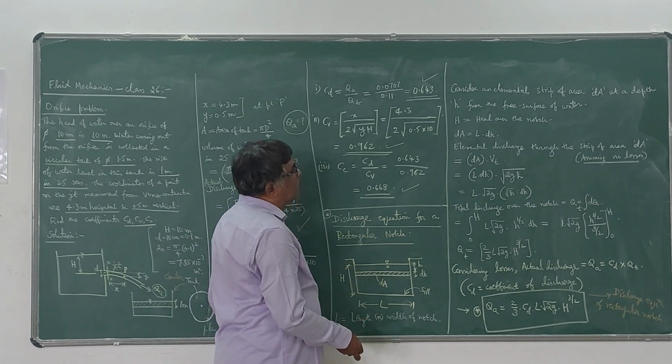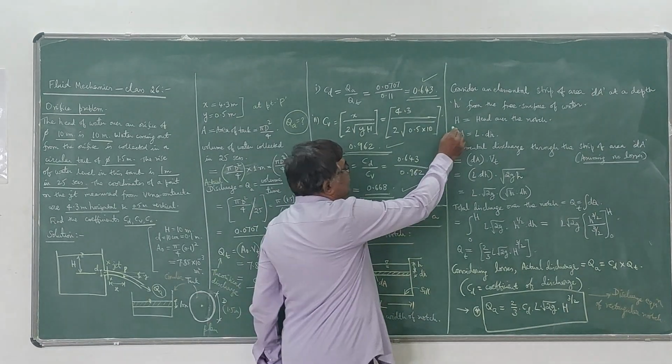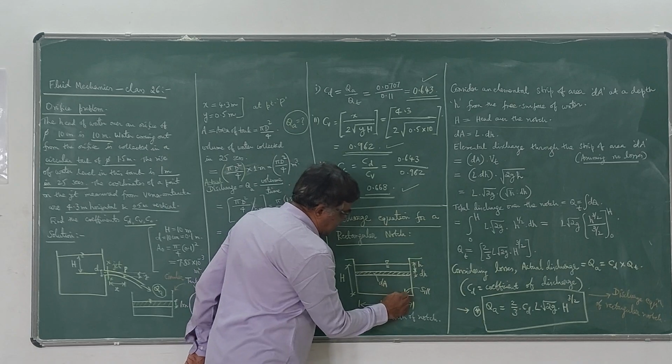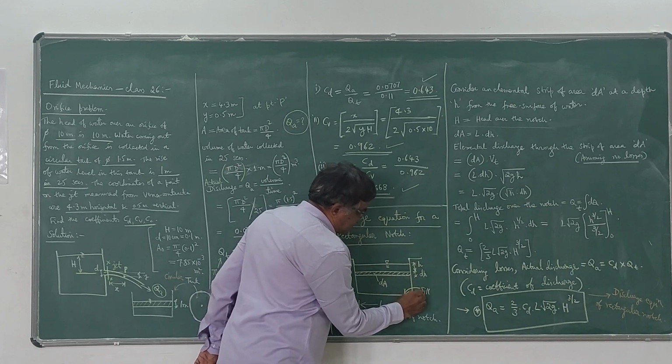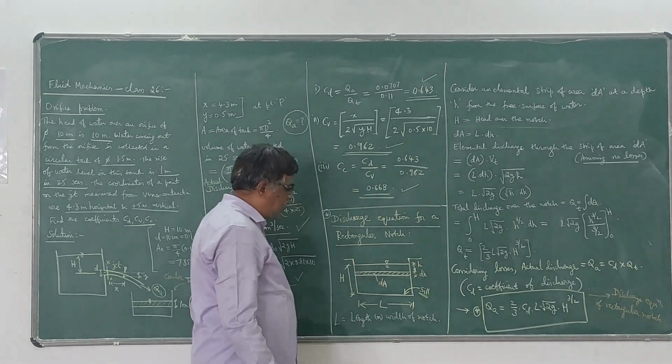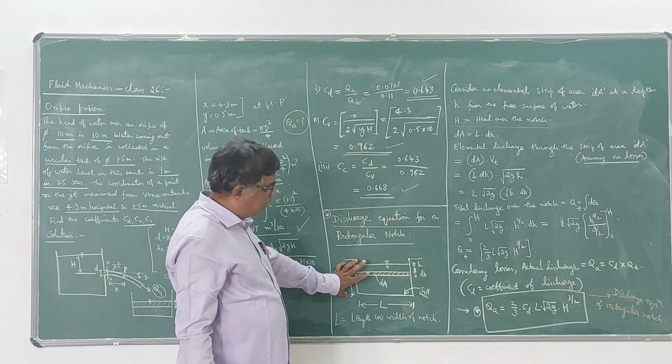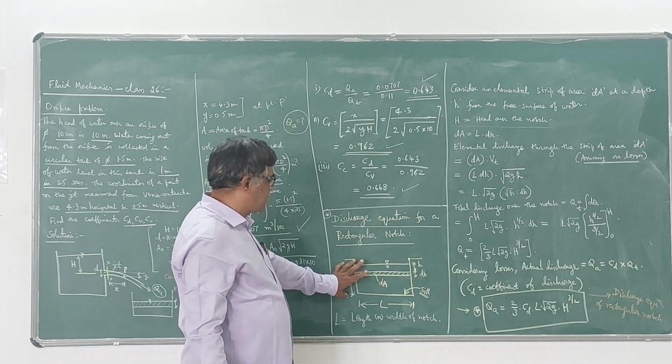Please note that here H is the depth of water above the sill. The bottommost edge of the notch is called the sill of the notch. So H is the overall depth of water, called the head over the notch.